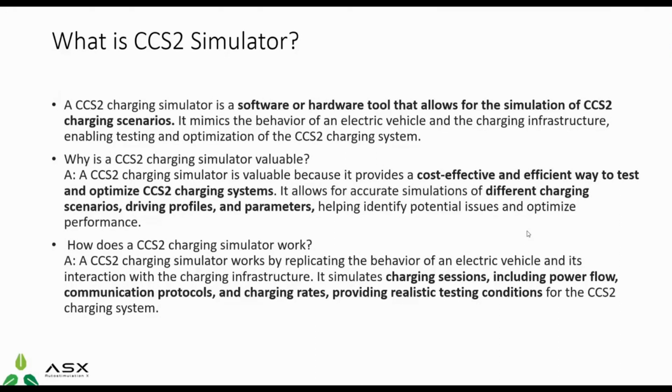For doing any charging system development, we should have one CCS2 simulator. So that's it for the CCS2 simulator. But let's study how the CCS2 simulator benefits CCS2 charging.